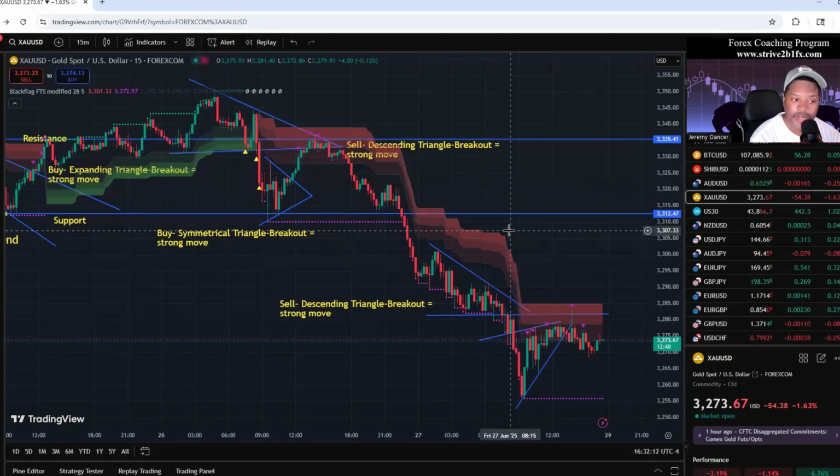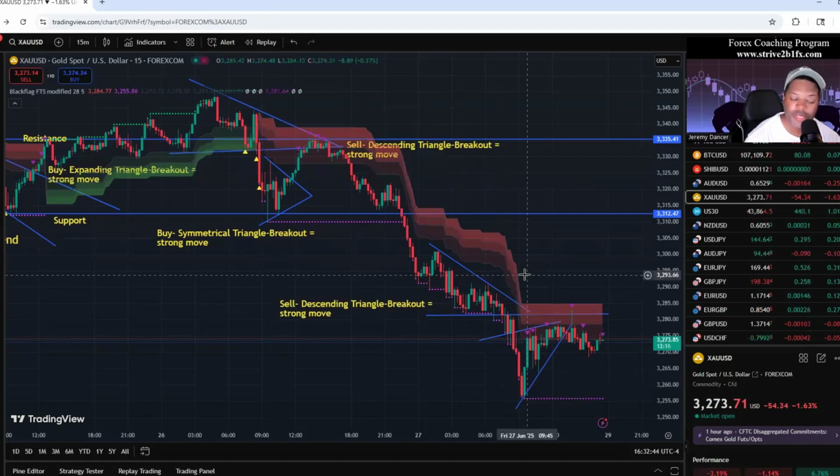It does require a little bit of patience, but keep in mind, wedge and triangle patterns are 80 to 90% accurate, meaning if you see a descending triangle, it's going to play out the way it should 80 to 90% of the time. And the cool thing is, let's just say, for example, there's a rejection. So we have a descending triangle right here, right? So let's just say the candles broke through the resistance.